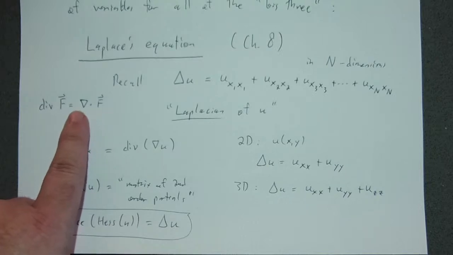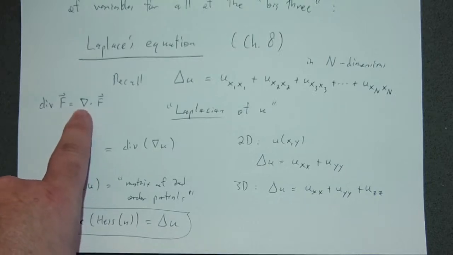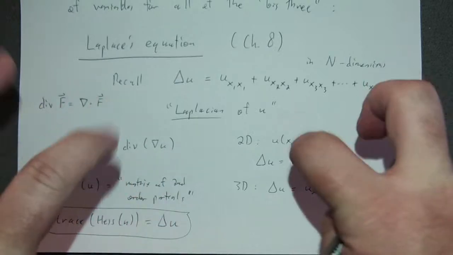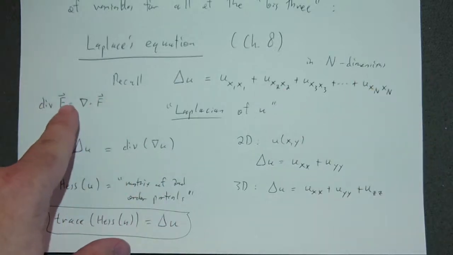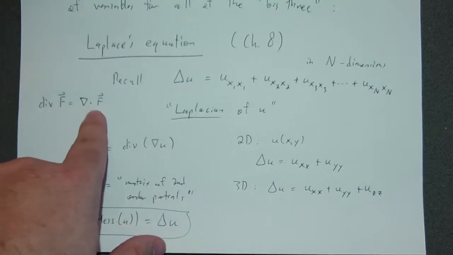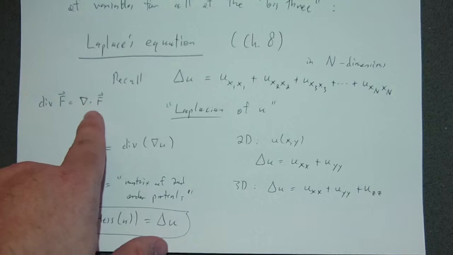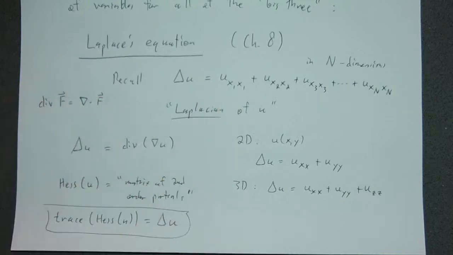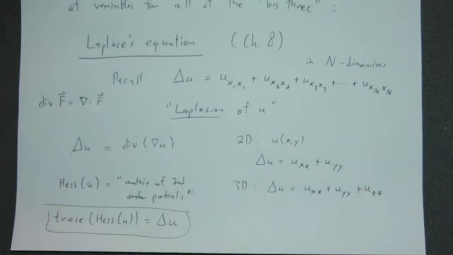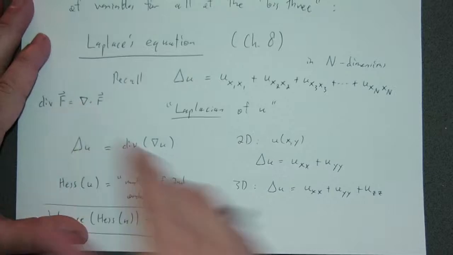If I treat this gradient operator as a vector containing the partial operators in each of the corresponding slots, then dotting those with the components of f, a vector field, what you get is exactly a scalar valued thing, denoted by this. That's what the divergence is.